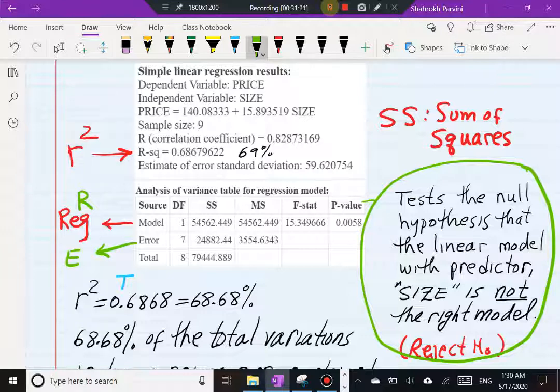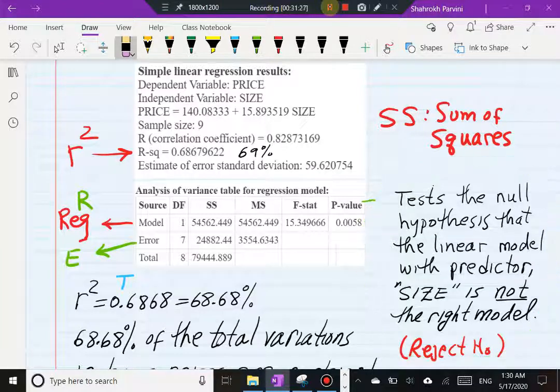So this is a global test of hypothesis that the model is not an adequate model. We have the wrong model. Since we reject this null based on our p-value, because it's so small, we say this is actually a good predictive model. That's what the p-value is telling us on the sidebar.